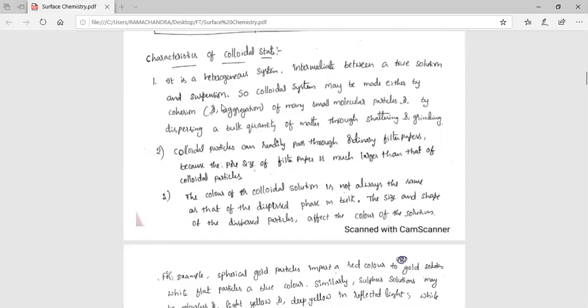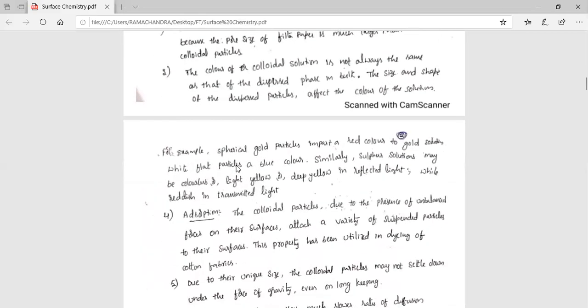Next, colloidal particles can readily pass through ordinary filter paper because the pore size of the filter paper is much larger than that of colloidal particles.